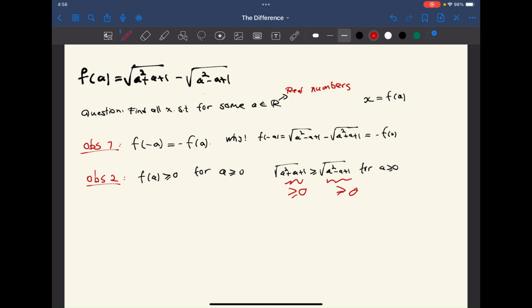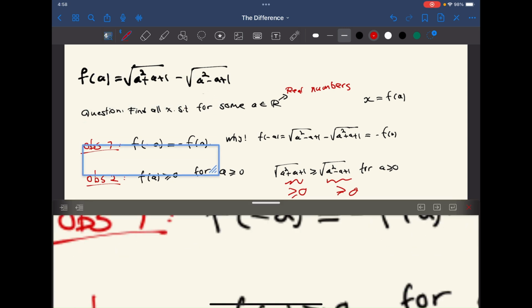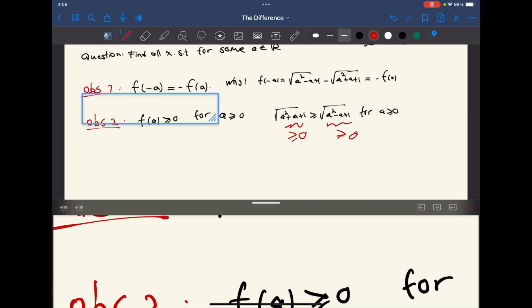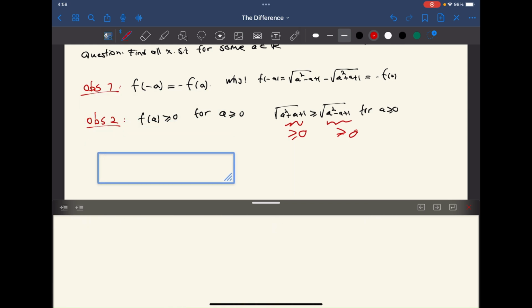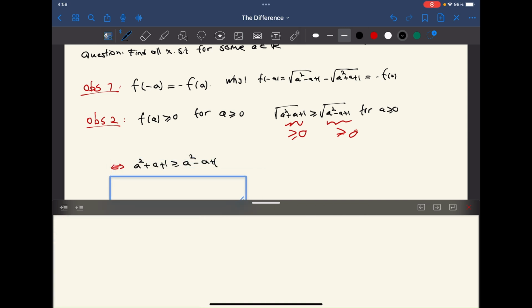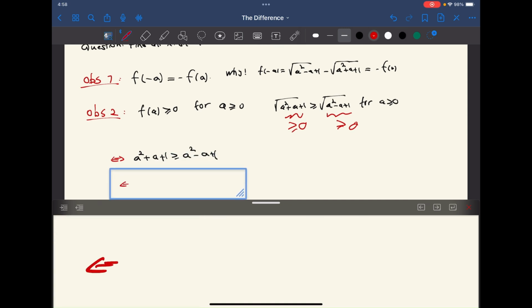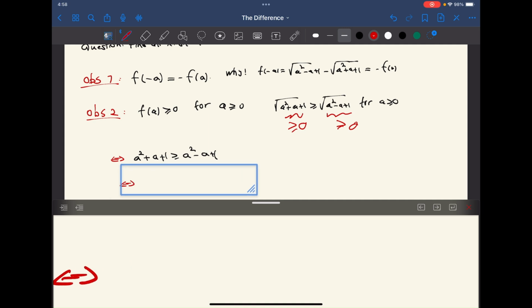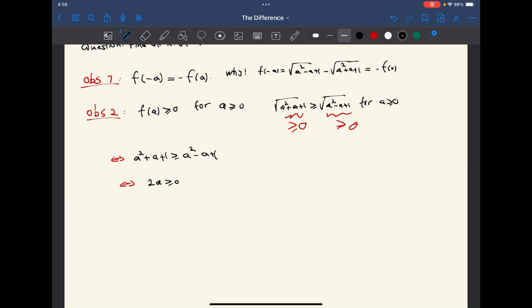So this inequality holds if and only if we have a squared plus a plus 1 larger than a squared minus a plus 1. And this is true if and only if 2a is non-negative, which is true because a is non-negative, right?